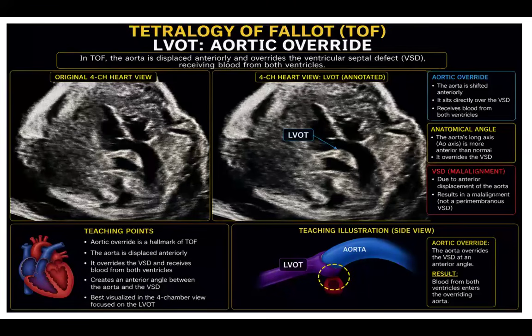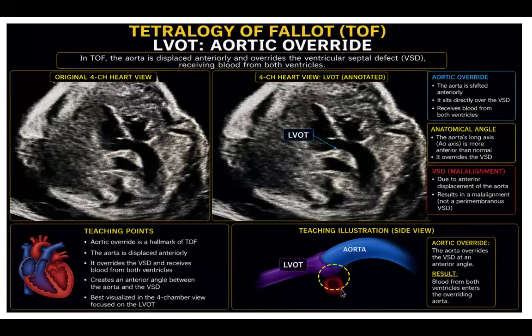Okay, so I really wanted to talk about this override and how it drastically is at this angle where it's overriding over on that right side. Okay, and so it is classic in tetralogy to see this displacement of the LVOT. Okay, and also notice its relation to that VSD as well.